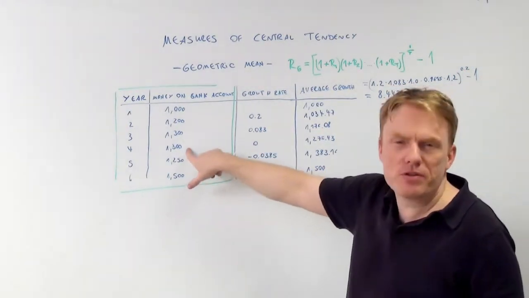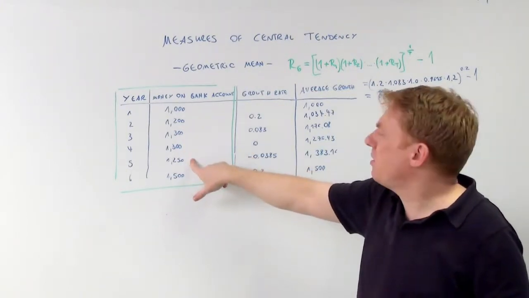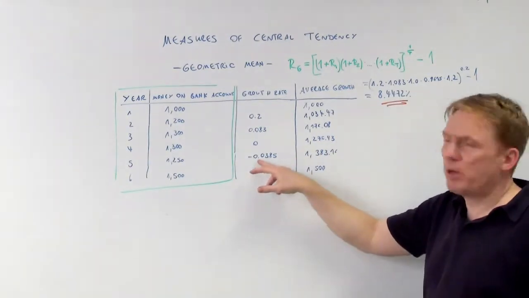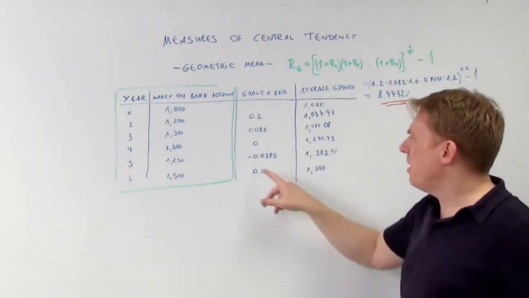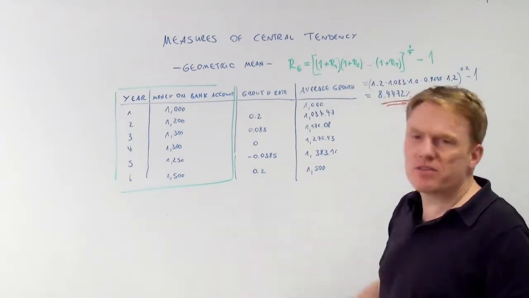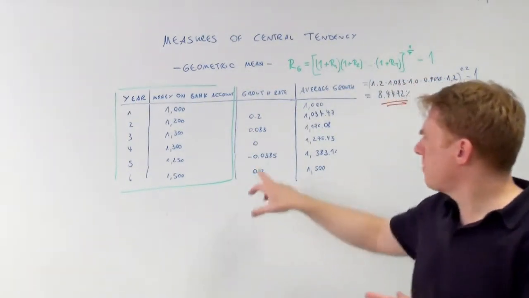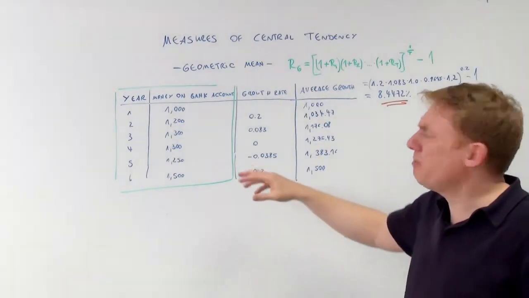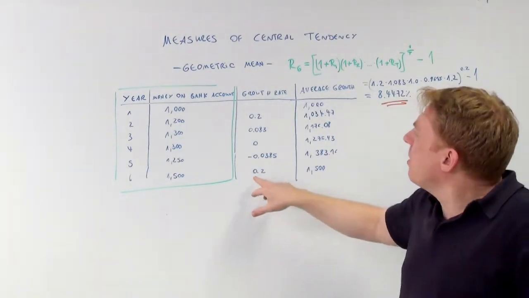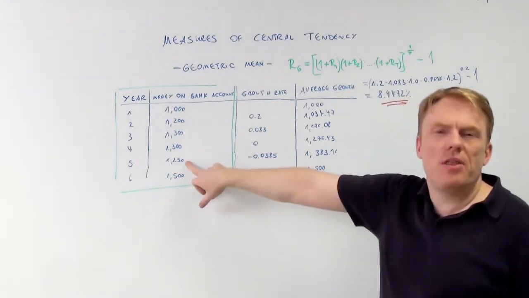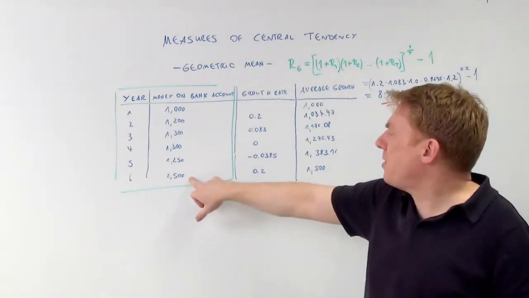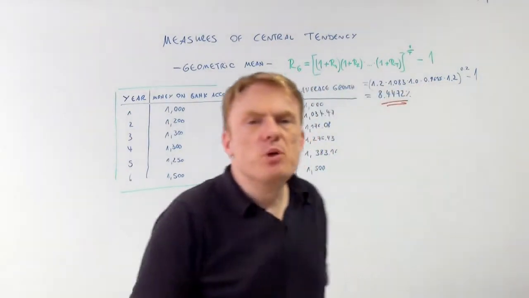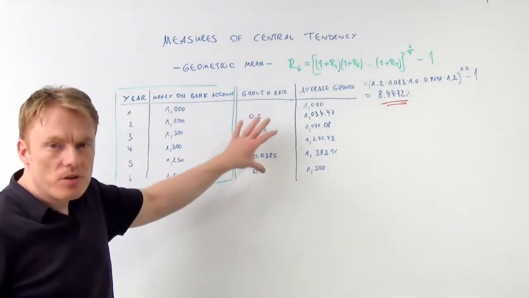And then even worse, from 1,300 to 1,250, it goes down, so the growth rate is negative, minus 0.0385. The amount of money on your bank account goes down. Then it goes up again from 1,250 to 1,500. It's a 20% upwards movement. So those are the growth rates.